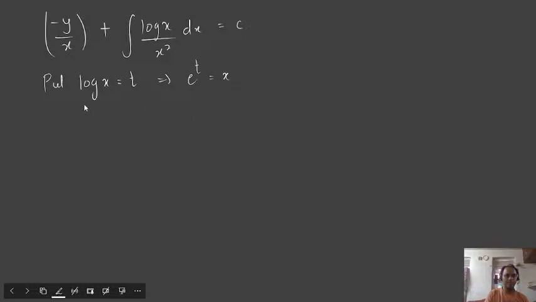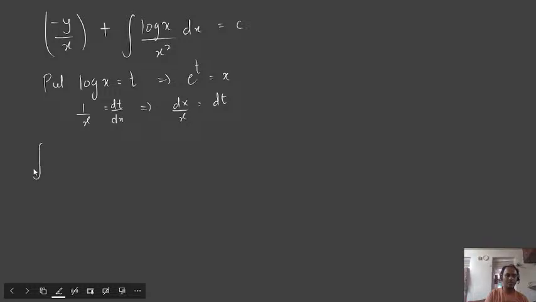And the derivative of log x is 1 upon x, so dt by dx, this also implies dx by x is dt. Okay, this is what you will get.